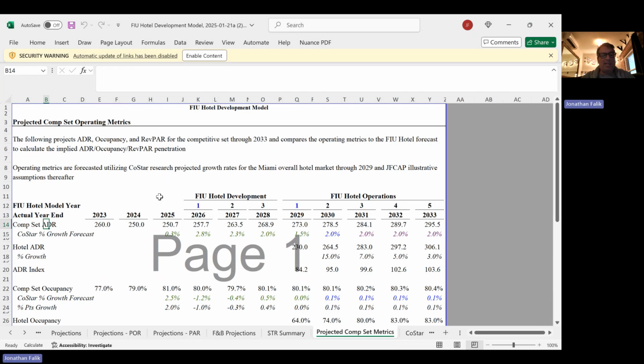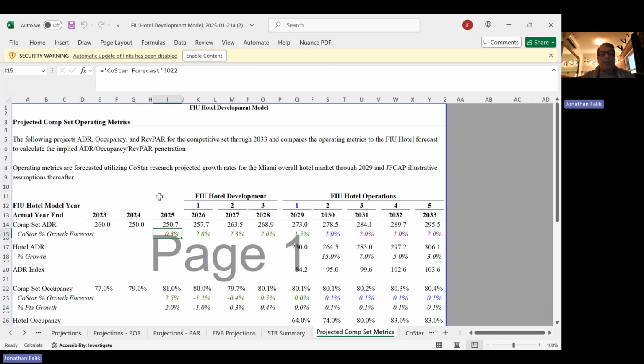What this does is it takes the competitive set ADR, right, which we have through 2024, and this links to the STAR report, right, the trends report, and the custom P&L report. And then we're growing it at a growth rate that I pulled from the CoStar projections.